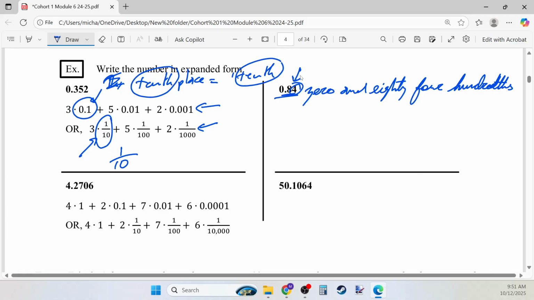The smallest digit is in the hundredths place. You're just going to read the number between the dot and that digit as whatever that number would be without a dot, and then name what position that least significant digit is in. Oh, wait, we're just writing the number in expanded form. Sorry. This would be 8 times 1/10 plus 4 times 1/100. I'm getting ahead of myself.